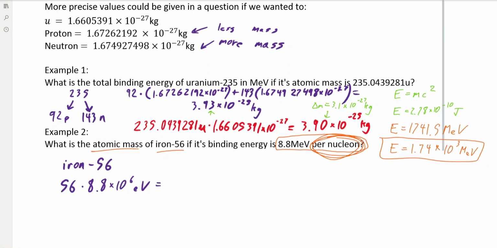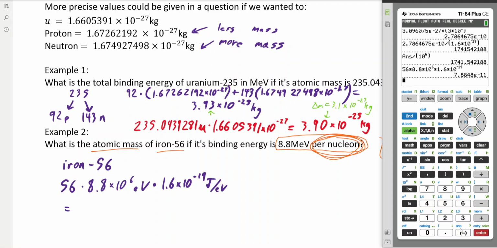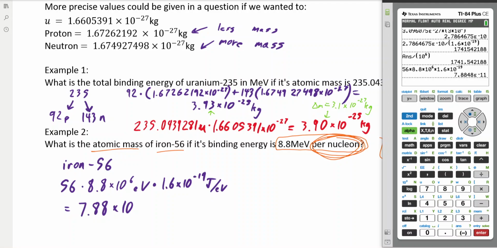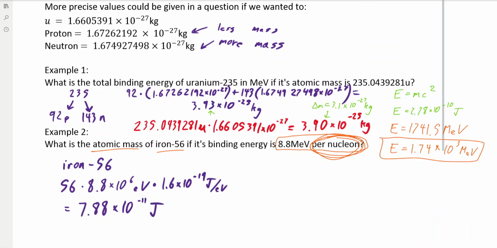And then if we want to change that to joules, what we would do is just multiply that by 1.6 times 10 to the negative 19, which is joules per EV. We get 7.88 times 10 to the exponent negative 11 joules. Okay, so this is now the total energy, not per nucleon.